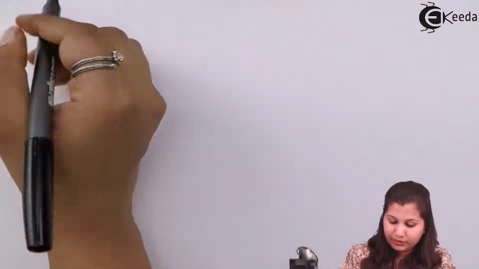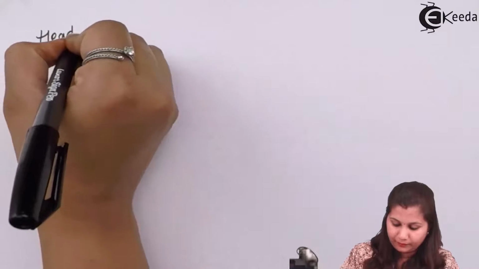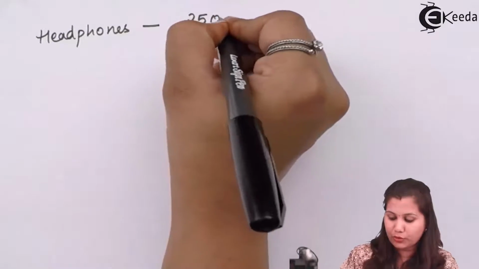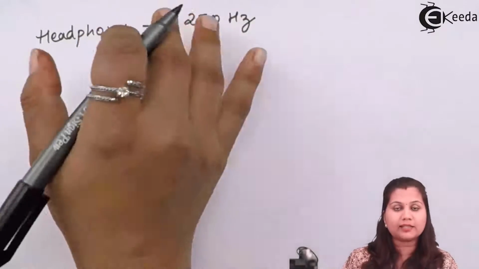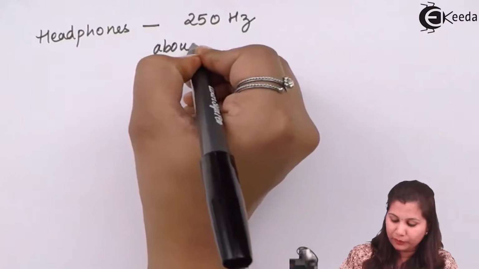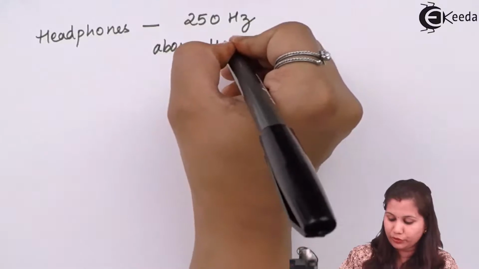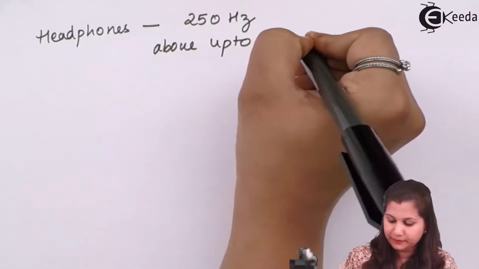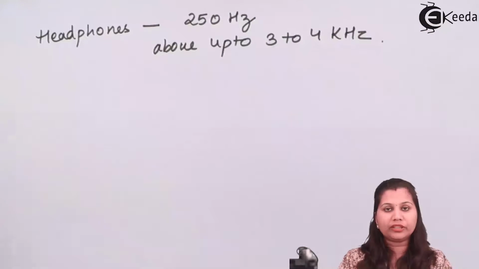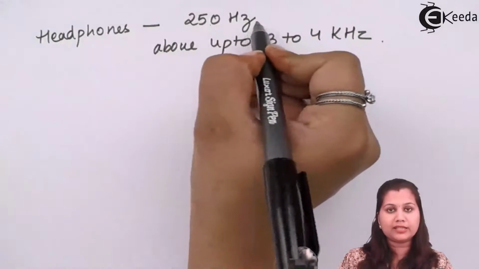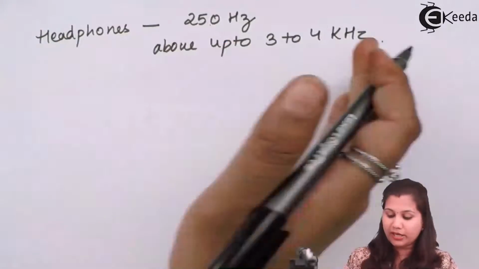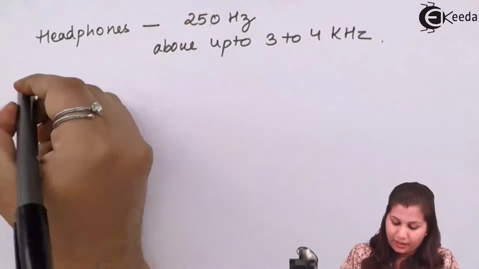Like the headphones, they are used in the frequency range from 250 hertz, which is the lowest frequency, up to 3 to 4 kilohertz. So the lower working range is 250 hertz and the upper working range is 3 to 4 kilohertz. In this range, headphones are used.